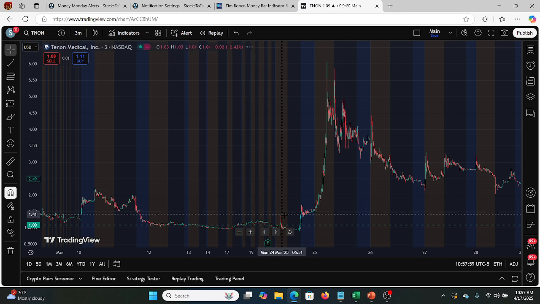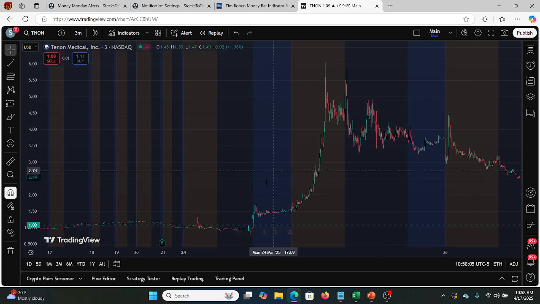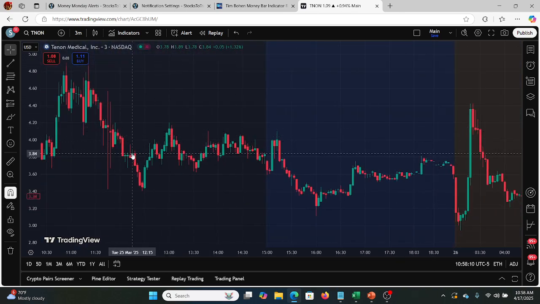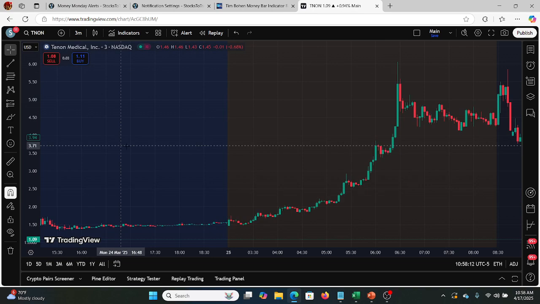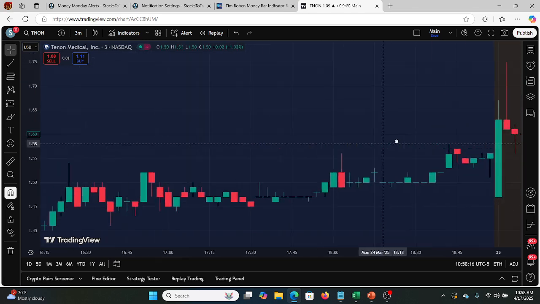Okay, so you can see it in the middle of the page here. Start zooming in. And it was a very similar pattern at the end of the day. Seems like those ones have worked out really well. So I've circled the entry and exits.